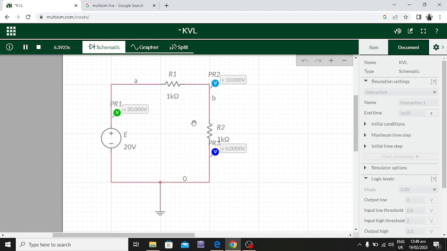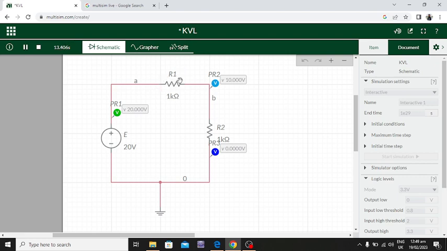You could not estimate the results from these readings alone, so just open your mind and try to work out the results. This is the potential rise. Here the potential rises 20 volts.